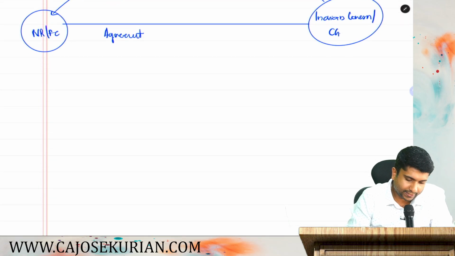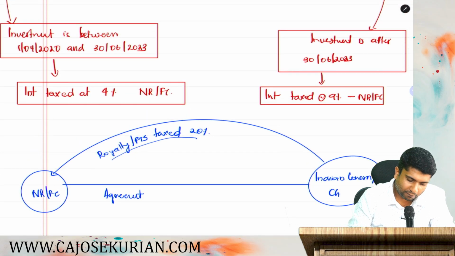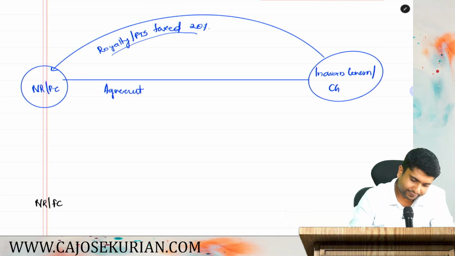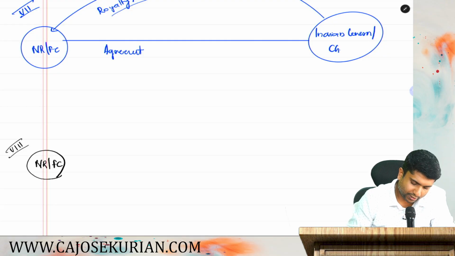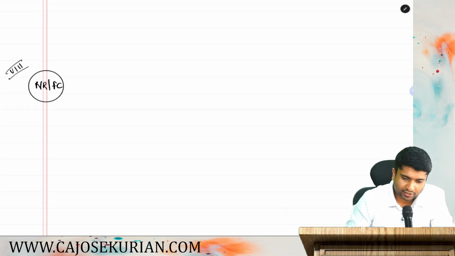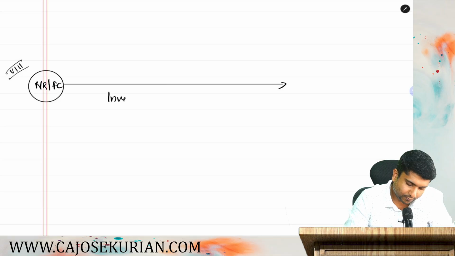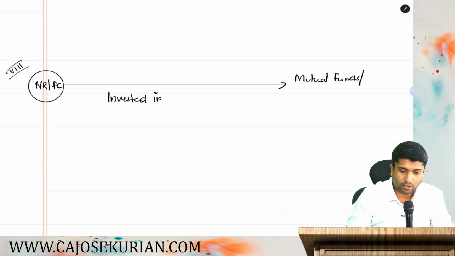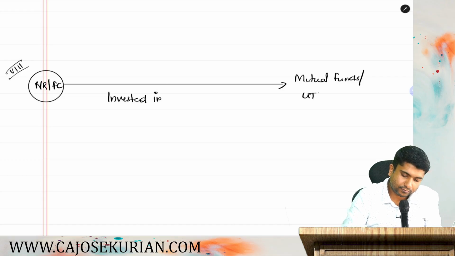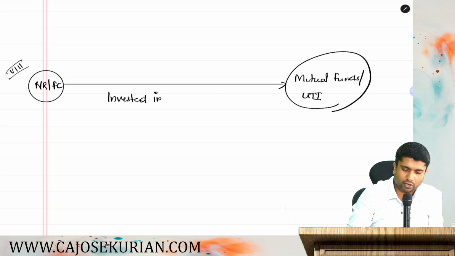Again, one more point is there. Say you are a non-resident or a foreign company. I forgot to put the numbers. So this is number 7. And now we are about to discuss item number 8. Say you are a non-resident or a foreign company, and you have invested in mutual funds or in UTIs.